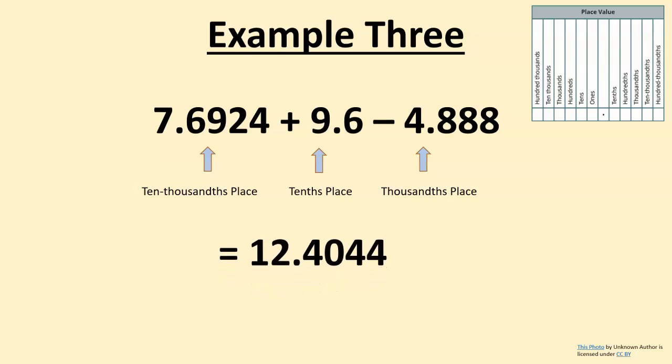We're going to put those values into our calculator, and we come back with a 12.4044. Our final answer is going to be rounded to the 10ths place, and so we're looking at a final answer of 12.4.